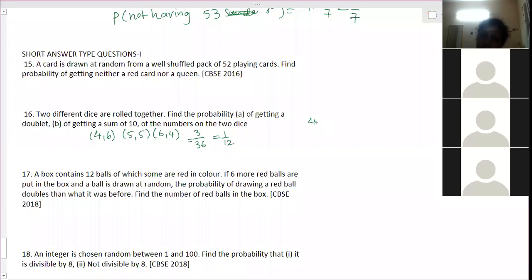So it is 4,6; 5,5; 5,6; 6,4; 6,5; 6,6. That is a total of 6 by 36, which is 1 by 6.